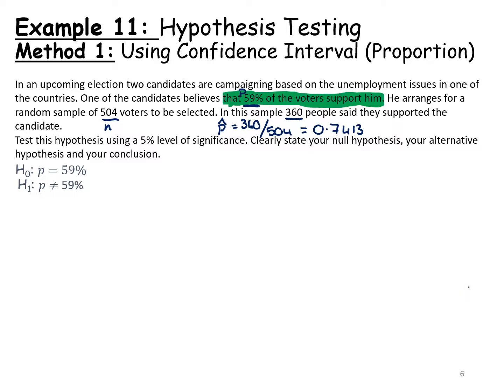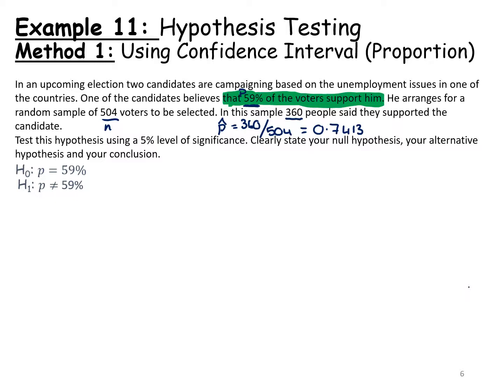So looking at this, the null hypothesis in words would be that 59% of the voters support him, and that will be absolutely correct. However, if you do write it like that, what is the opposite? So often students say 41%, but if you're saying 59% or 41%, what about all the other percentages? Remember, this is supposed to be an exhaustive event.